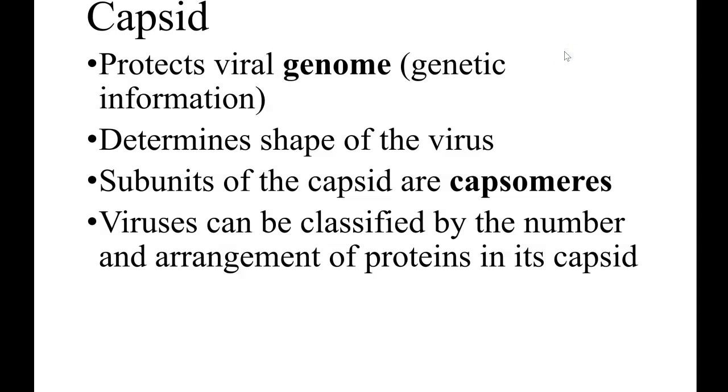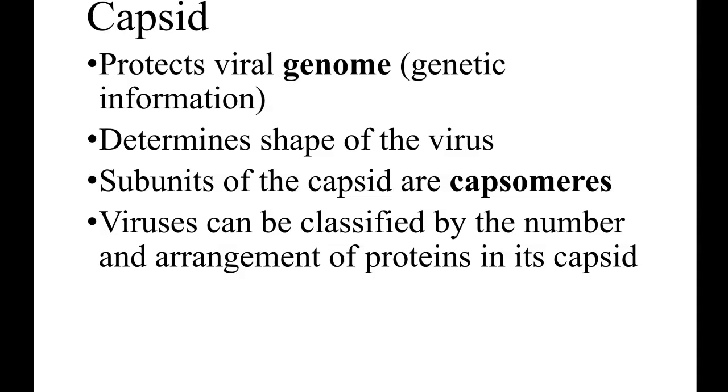A little bit more about the capsid. This is a protein coat that protects the viral genome. Remember, it's either RNA or DNA, not both. It's made up of those little subunits, the capsomeres, and I talked about how the shapes of the capsomeres help it adsorb to a cell. This capsid, this protein coat, can also determine the shape of the virus.